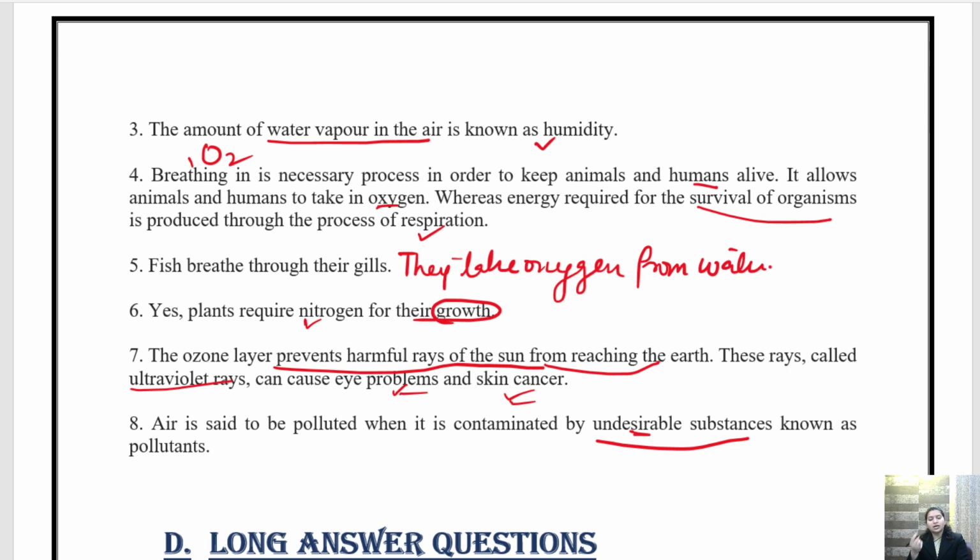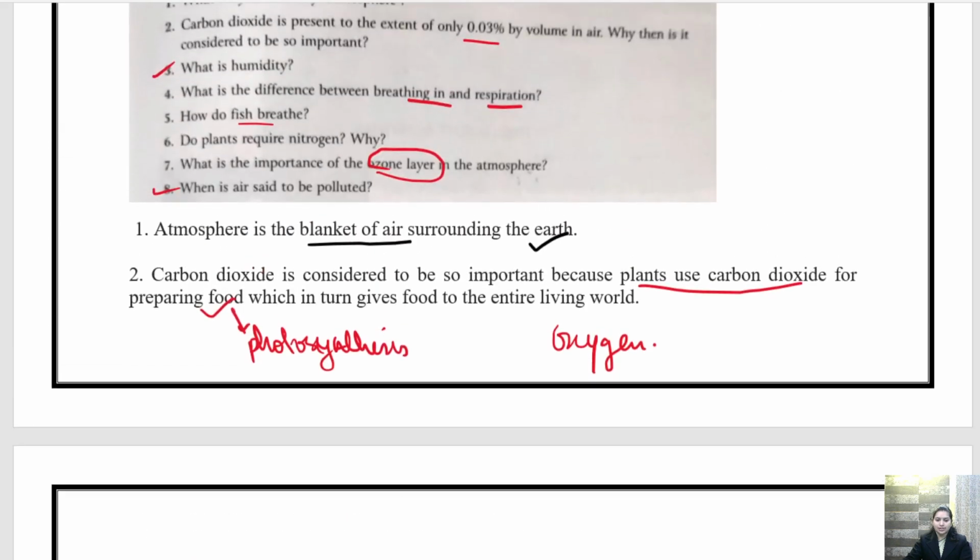If the air contains carbon monoxide, it means that air is polluted. So air is said to be polluted when it is contaminated by undesirable substances known as pollutants. Clear? So that was about the short answer questions.